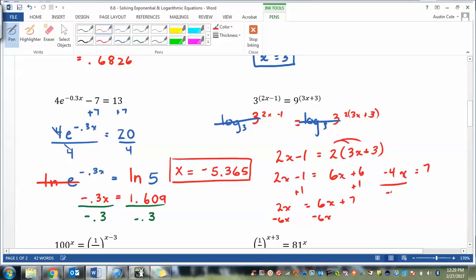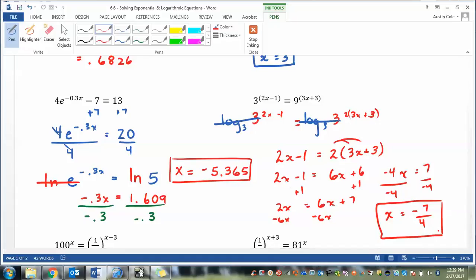Divide both sides by negative 4, and x is going to equal negative 7/4. You can call that negative 1.75 if you want. I'm just going to call it negative 7/4. Questions there?